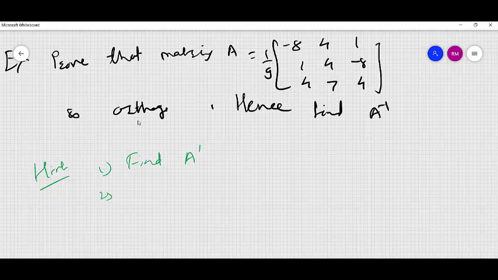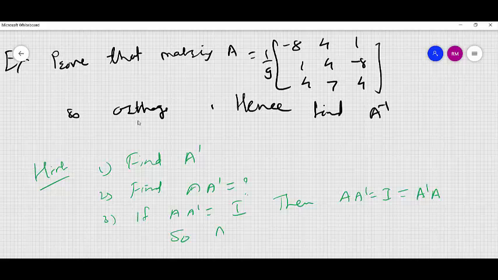The second step is to find A dash A. And the third step, if A dash A equals I, then we can say A A dash equals I, that is also equal to A dash A. So A is orthogonal.